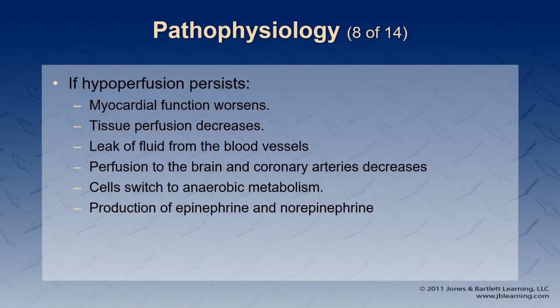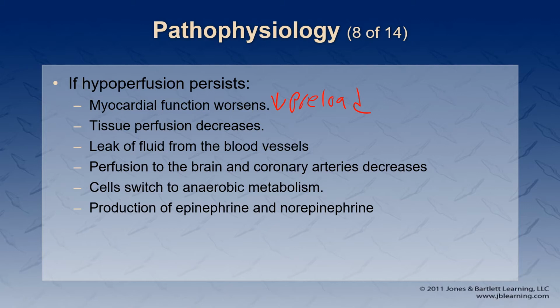So what happens when we do run out of runway on the compensation and the body remains hypoperfused or underperfused? Poor systemic circulation means that there's going to be less blood coming back to the heart. We're going to talk about that in just a minute, but the net effect of that is you have decreased preload.